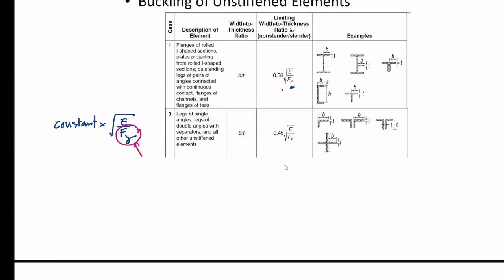And now, for example, this is a typical flange local buckling for compression member. So for SS400, 0.56 square root E over Fy is roughly 16.